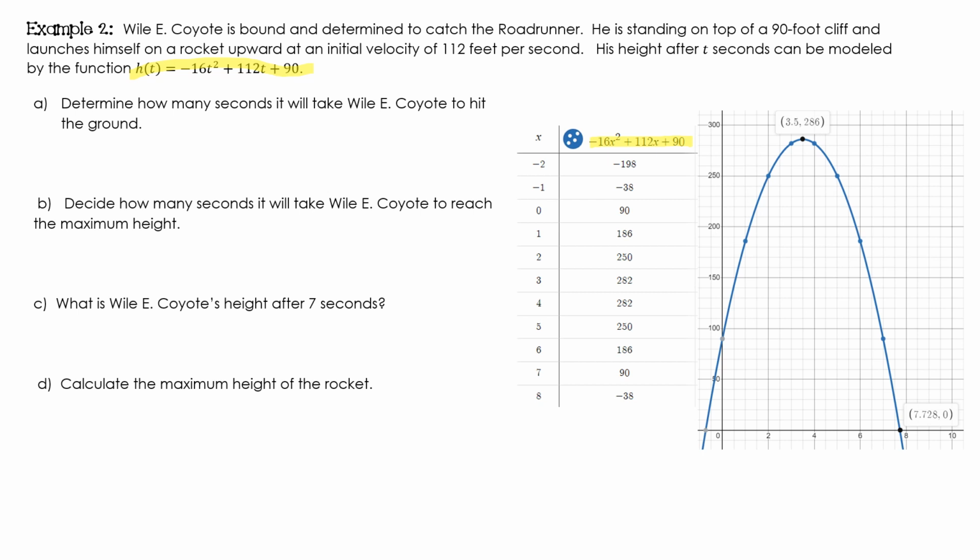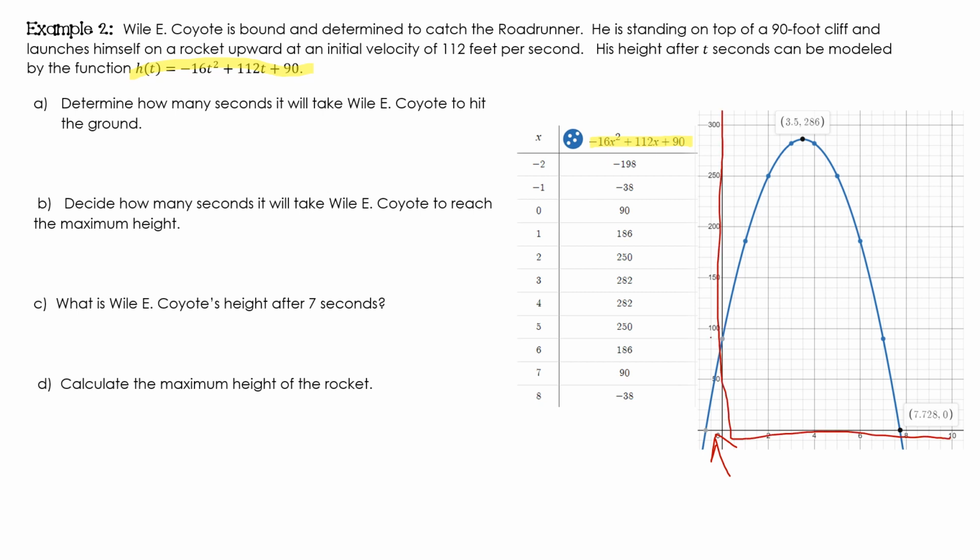All right, so how many seconds will it take Wile E. Coyote to hit the ground? So we know that this is our x-intercept. We have two x-intercepts on this problem, but this x-intercept over here doesn't make any sense. One, because it's negative. Two, because it doesn't have to do with Wile E. Coyote launching himself. We are living in the first quadrant.